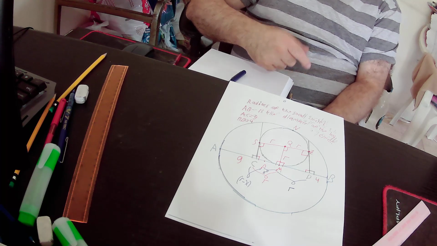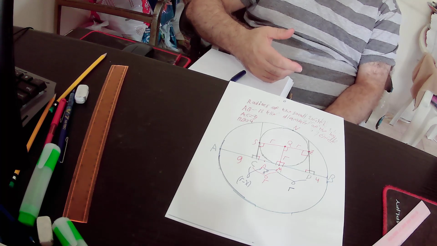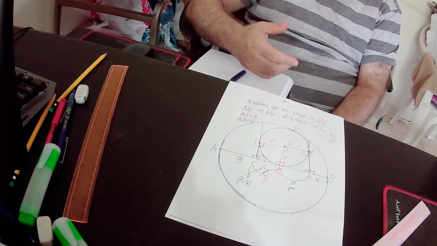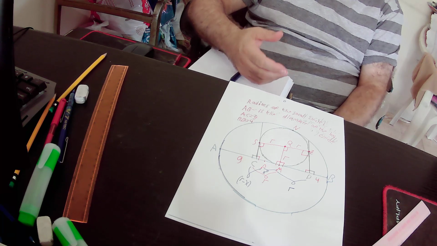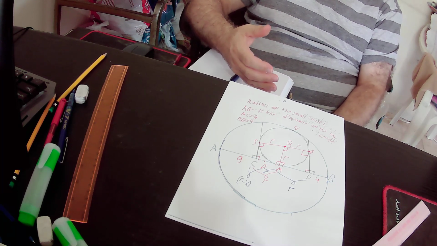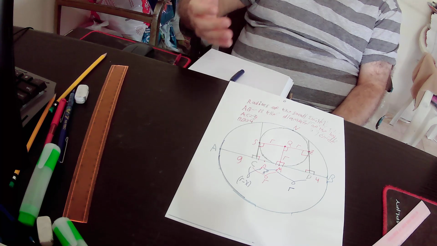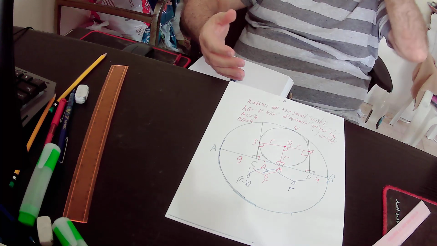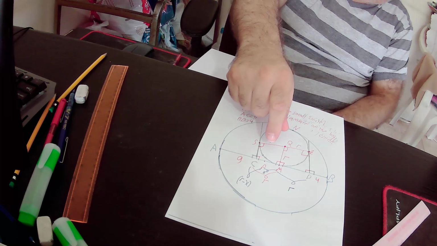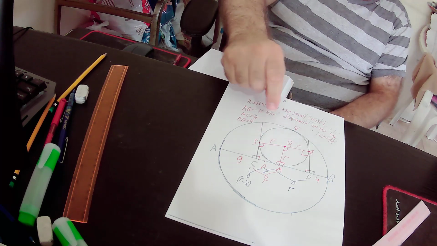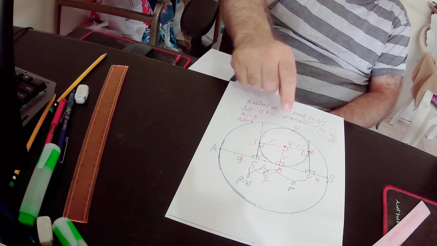The length of the big radius is capital R, and the length of the small radius is small r. And the difference between those radiuses is capital R minus small r. So the distance between their centers, that is to say QP, equals capital R minus small r.